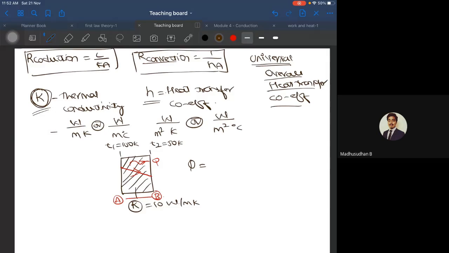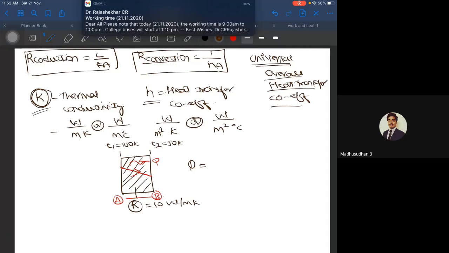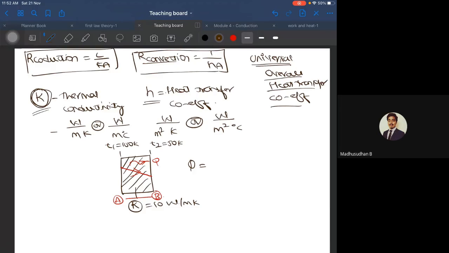Go with the analysis. If you are in a position where you don't remember anything regarding heat transfer, go with the electrical analogy. What does the electrical analogy say?